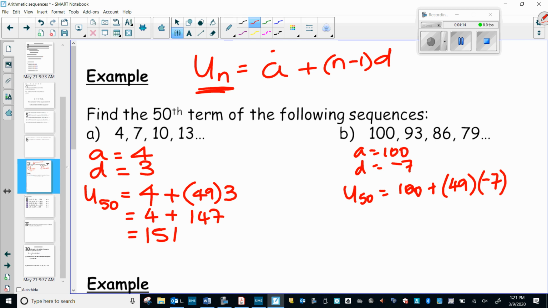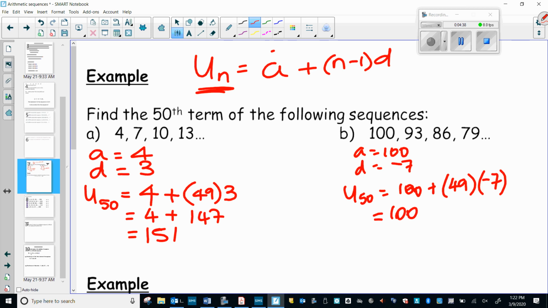Be careful again, sometimes people write it down correctly and then they start doing 49 take away 7 and adding it to 100. It all goes horribly wrong. Okay? So this is 100, and what's 49 times -7? Don't rush.